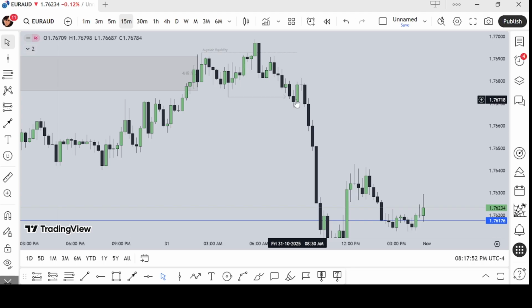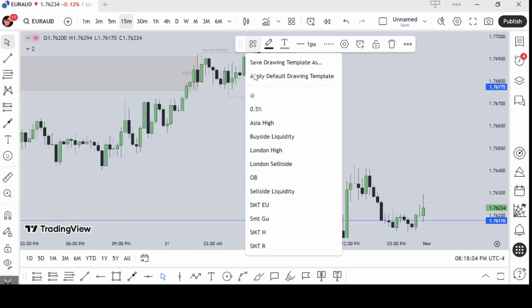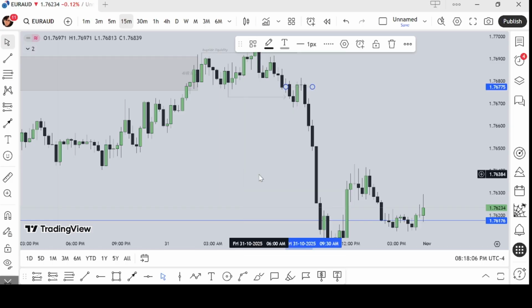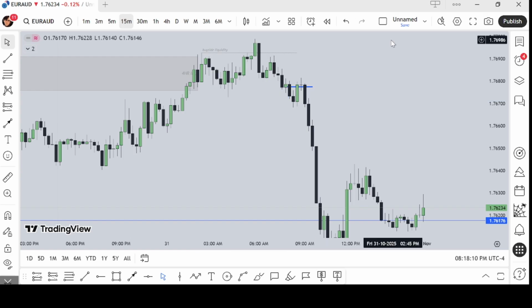And you can see that during 8:30 we retraced back to this other block. This is also an order block, but price didn't get there.